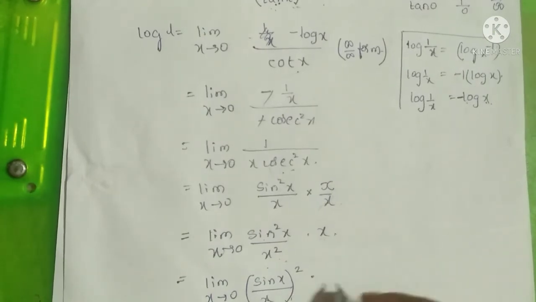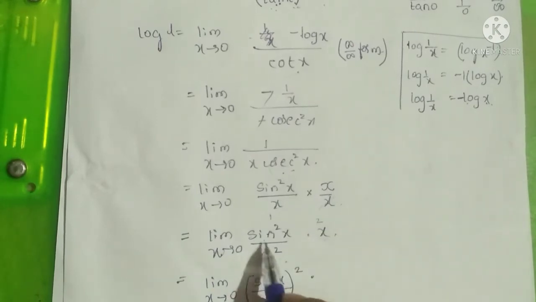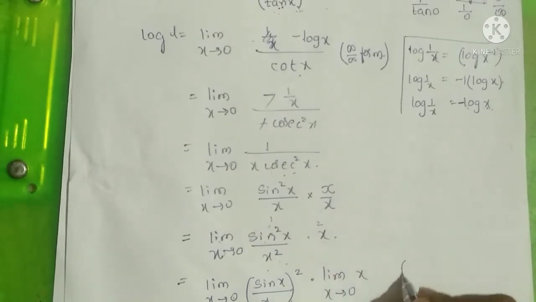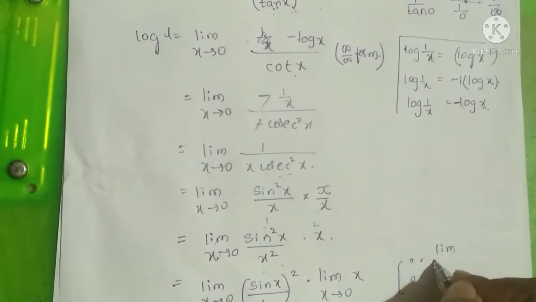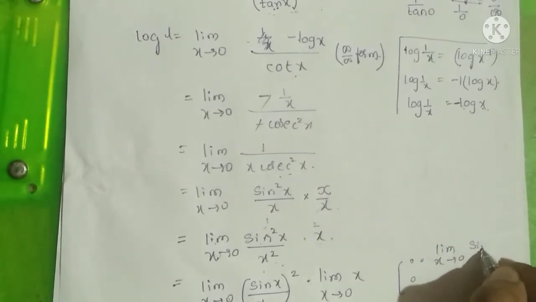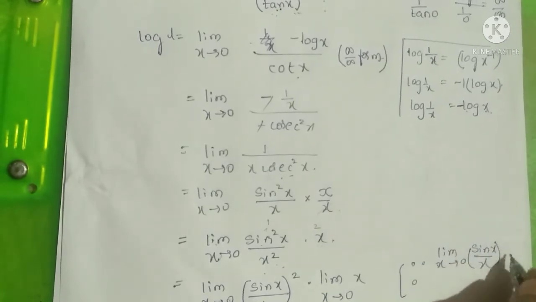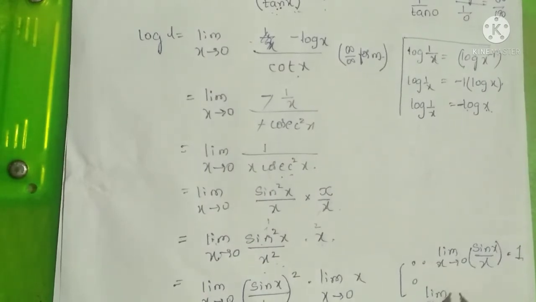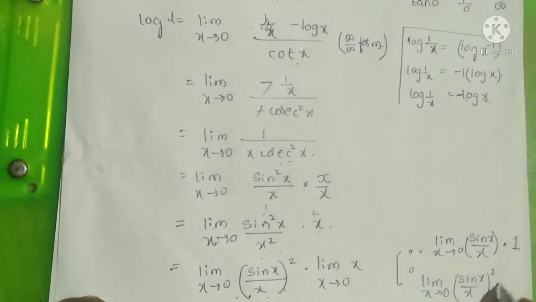You can separate the limit for both terms: term 1 is limit of (sine x by x) whole square, and term 2 is limit of x. As you all know, limit x tends to 0 of sine x by x is 1, so (sine x by x) whole square is also 1.